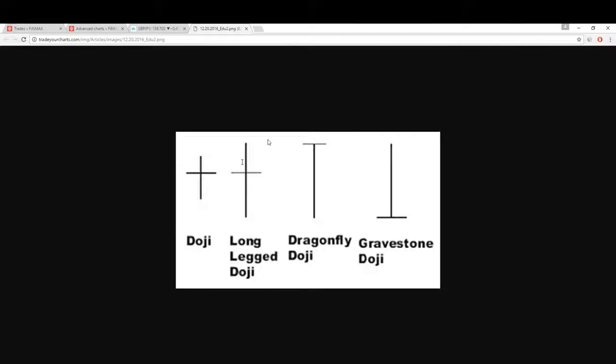Why is it important and why do you need to pay attention to them? Firstly, as you see, they look like the cross or the plus sign. They are not neutral patterns, but they usually are part of other longer patterns.